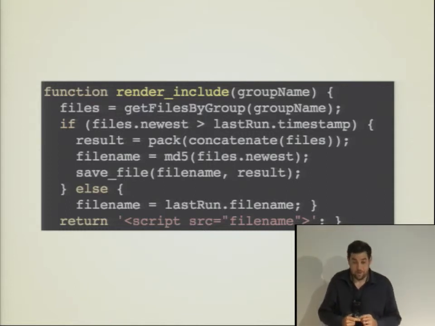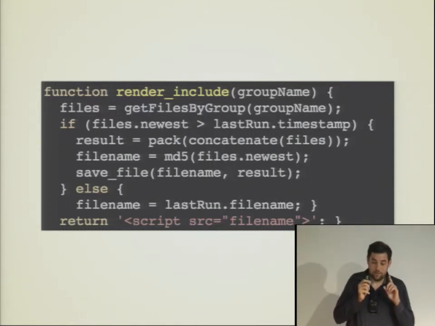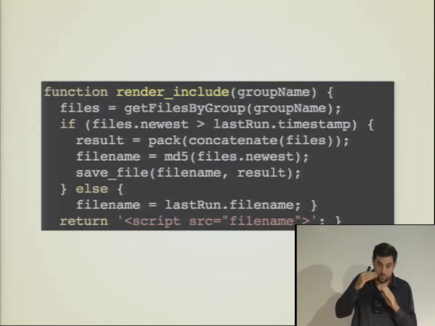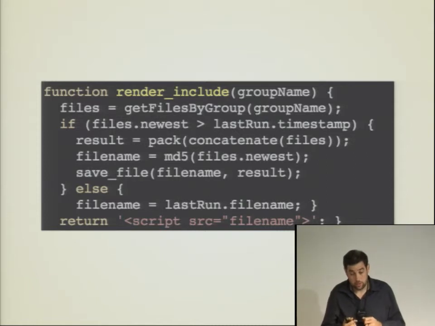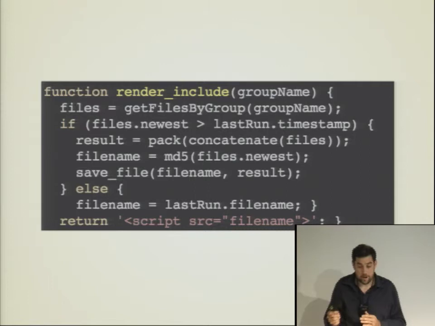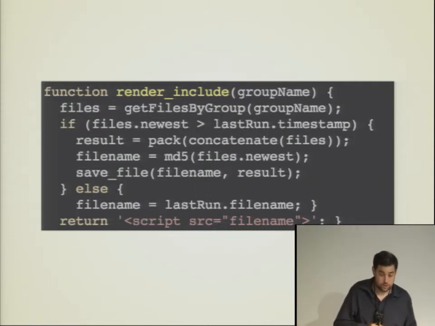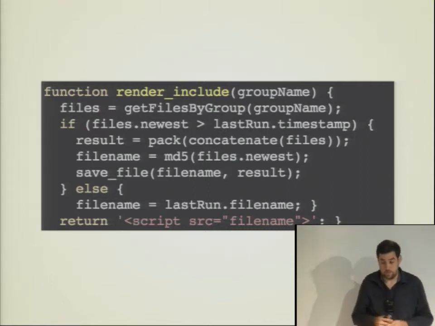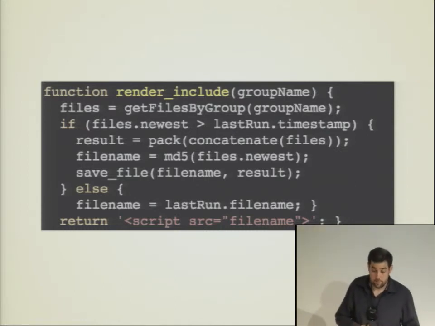This is pseudocode, but basically what it does is it looks at all the files which need to be included, gets the latest timestamp, and compares it with the last run of this render include. Now, if there is a newer JavaScript file, it concatenates all the files it needs to, and it packs it, and then creates a new file name, which is actually an MD5 hash of the newest timestamp, and then saves this file to the file system.